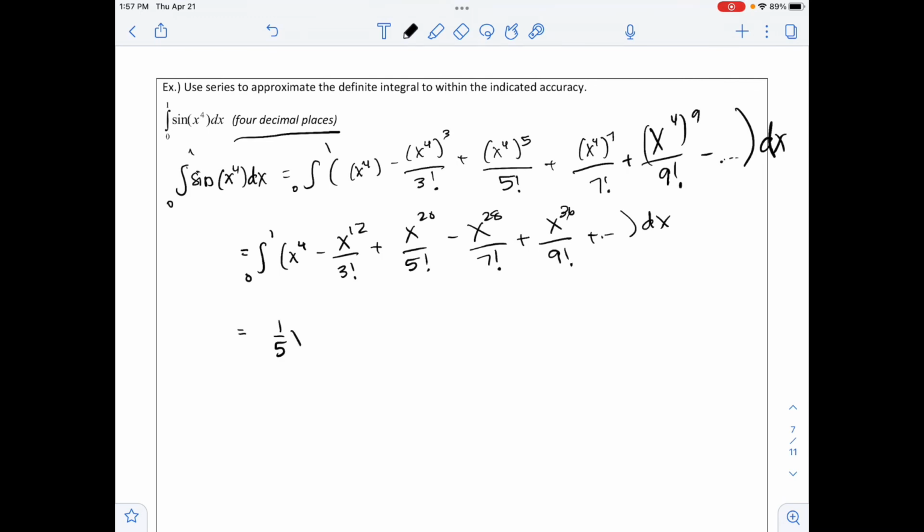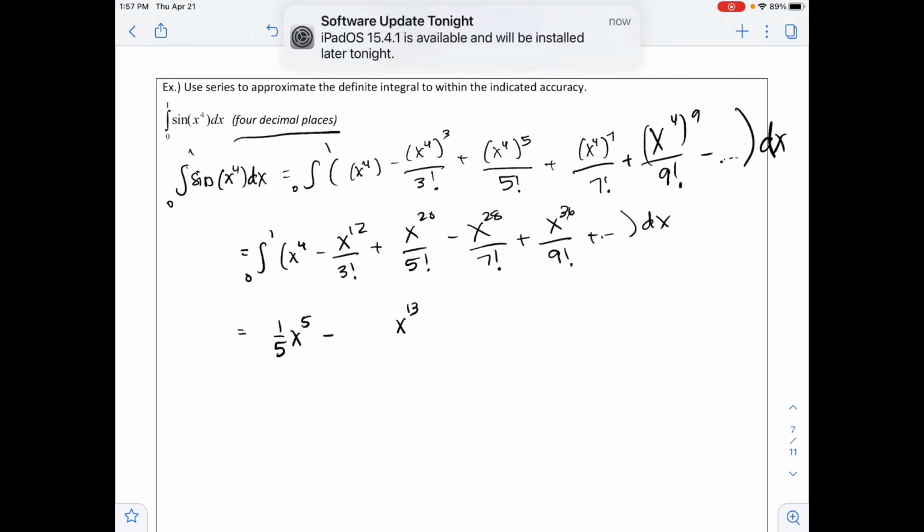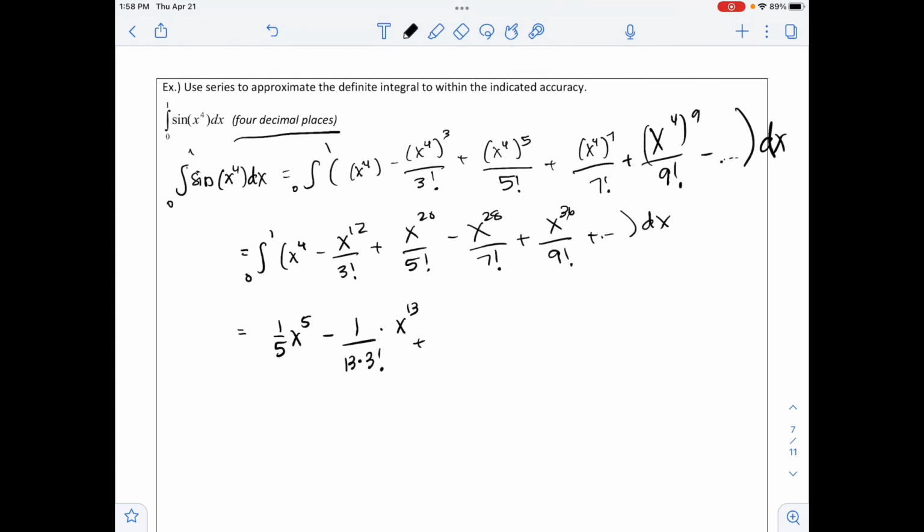And so the first one that we have would be 1/5 x to the fifth, minus, and then adding 1 to this exponent, we're going to have x to the 13th times 1 over 13 times 3 factorial, plus the next term is raised to the 20th power, so adding 1 to that, we have x to the 21st, 1 over 21 times 5 factorial, minus x to the 28th, we're going to add 1 to it, and we have 1 over 29 times 7 factorial, and then this last term that we have written, and again this continues on forever, adding 1 to our exponent, we get 37, so x to the 37th times 1 over 37 times 9 factorial.